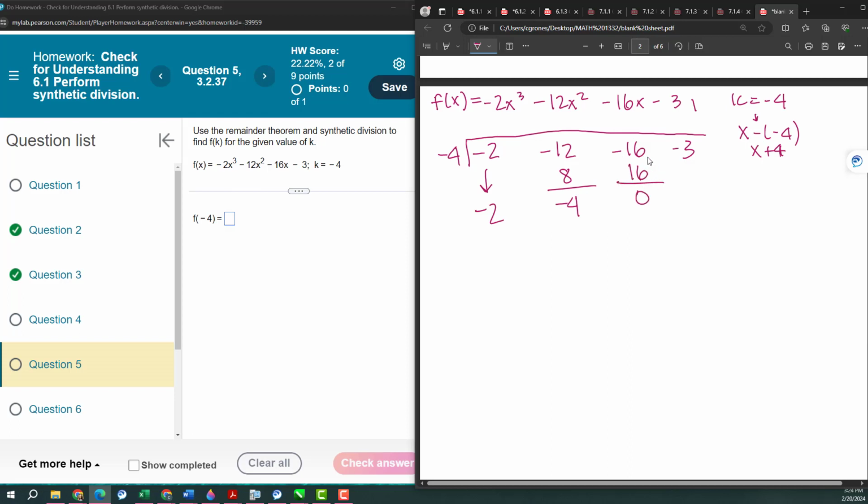Those cancel, 16 minus 16. And then 0 times negative 4 is just 0. We're left with negative 3. So f of k equals f of negative 4, which is going to be negative 3.